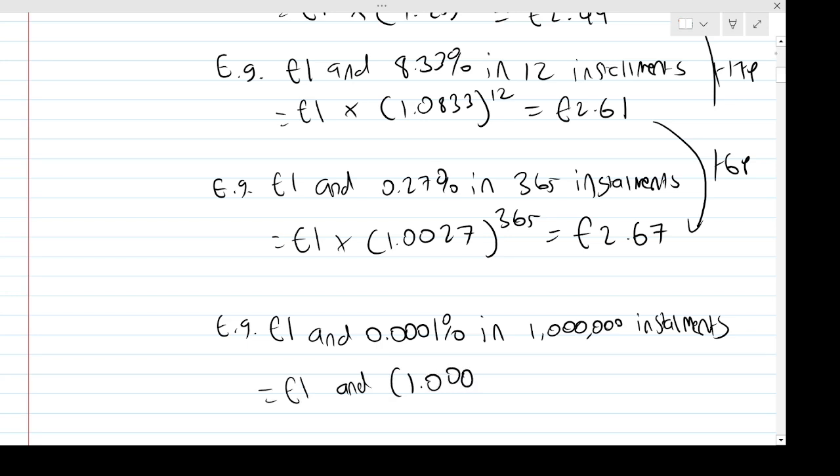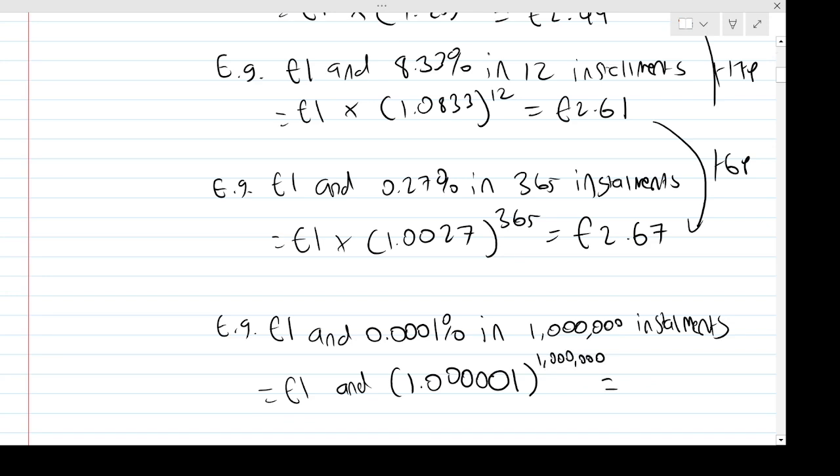So that would be £1 and 1.000, so many zeros, 1 as a decimal, and then that'll be raised to a power of a million.